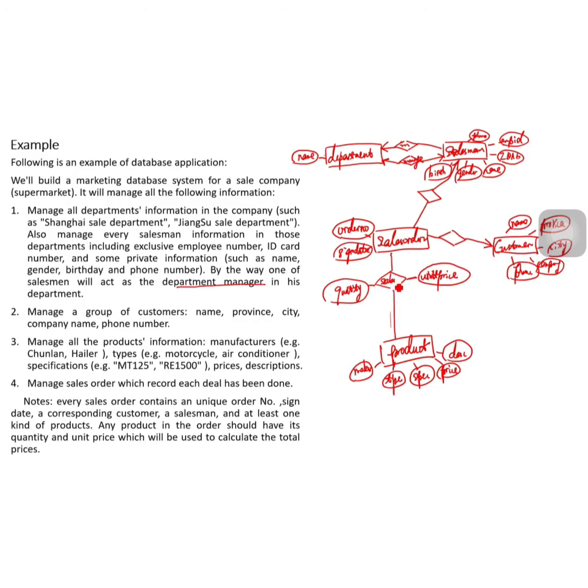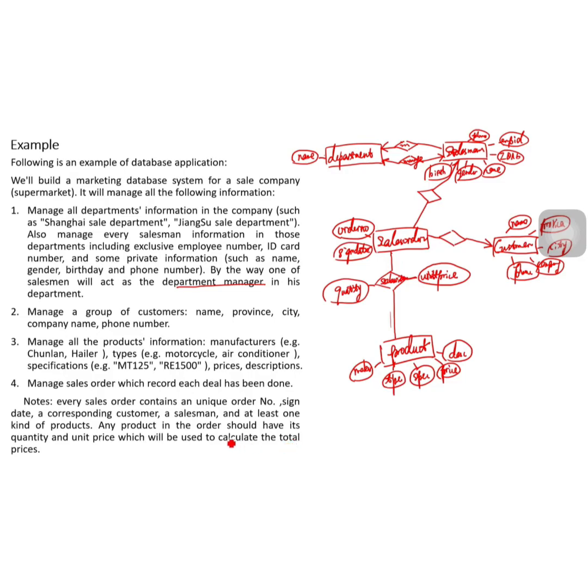Okay, name this relationship as sales item. Quantity and unit price are the attributes of this many relationship, which are used to calculate the total price.